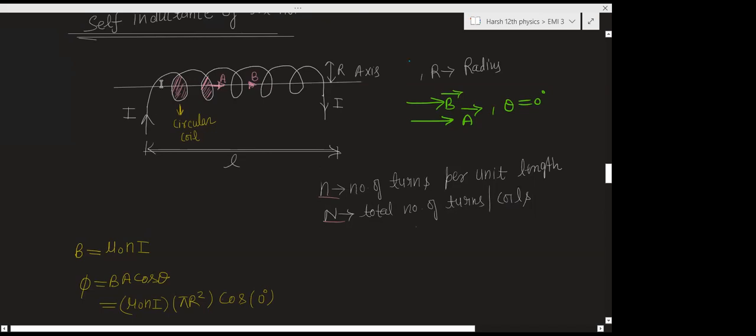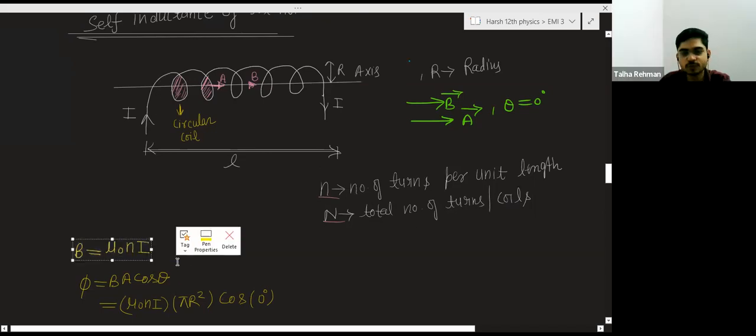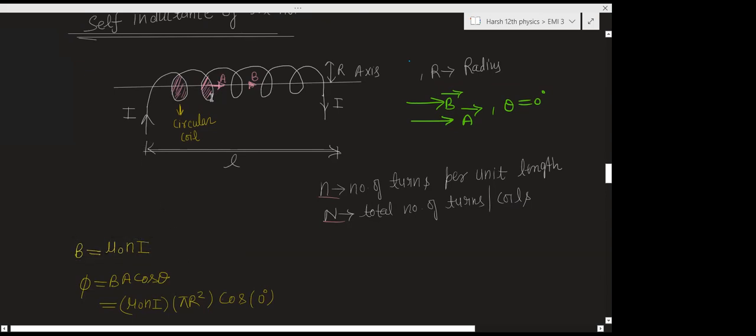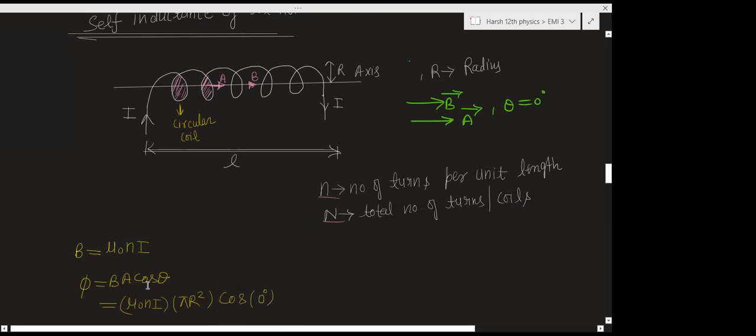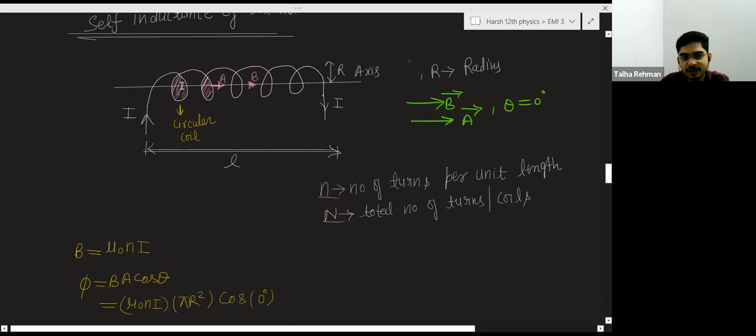As this is a solenoid, the magnetic field produced by a solenoid is given by mu naught n i. Flux linked with the solenoid is given by B A cos theta, where theta is 0. Magnetic field is mu naught n i, and the area of one coil is pi r square.